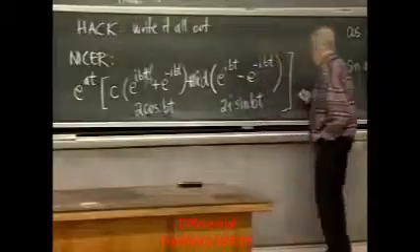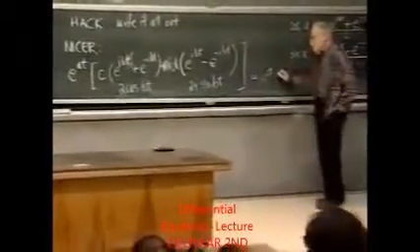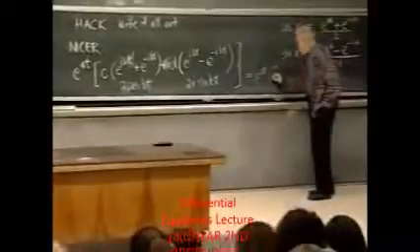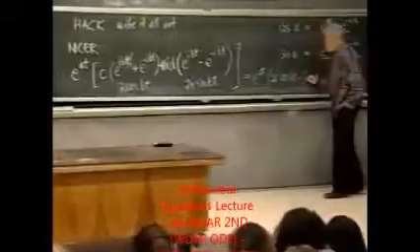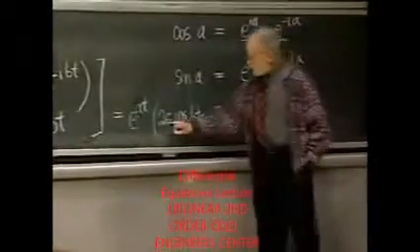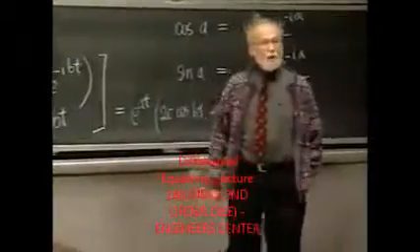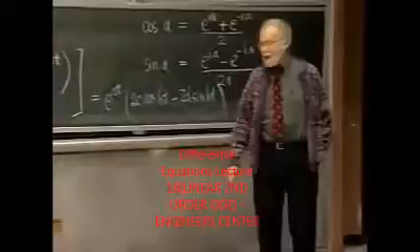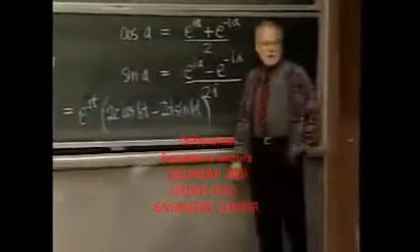Shall I write that out? So in other words, it's e to the at times 2c cosine bt minus 2d times the sine of bt, which is, since 2c and negative 2d are just arbitrary constants, just as arbitrary as the constants c and d themselves are, our old form of writing the real solution.